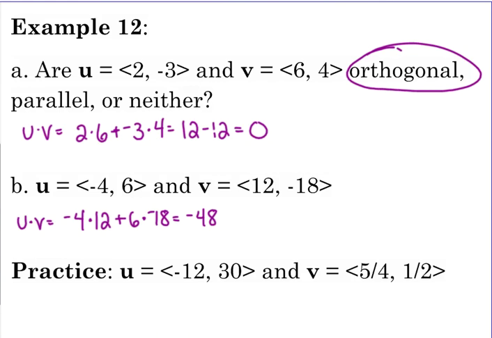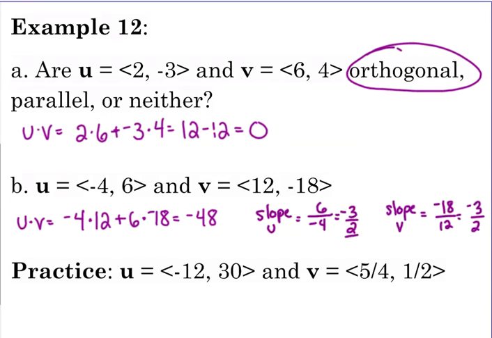So the next question is, are they parallel? Let's do the slope of u, the y component over the x component. That simplifies to negative 3 over 2. The slope of v, the y component over the x component, those are both divisible by 6.